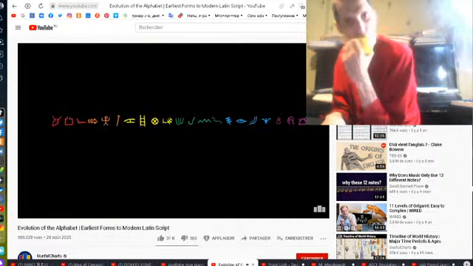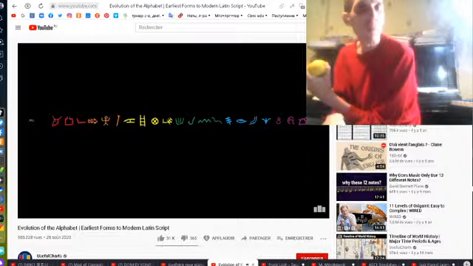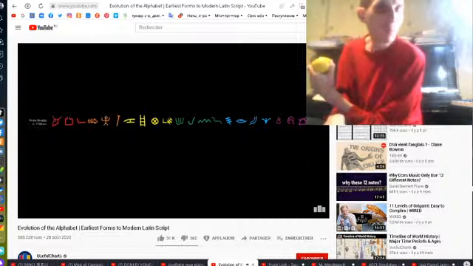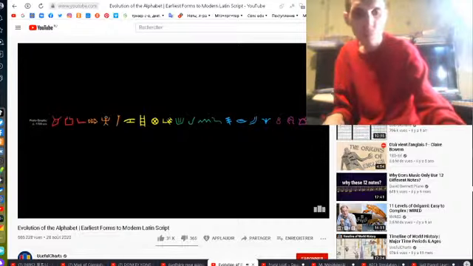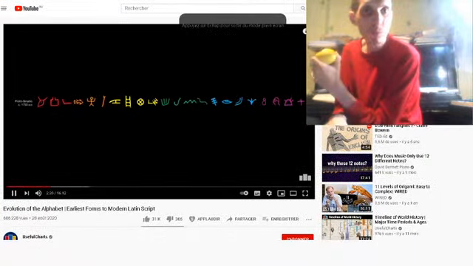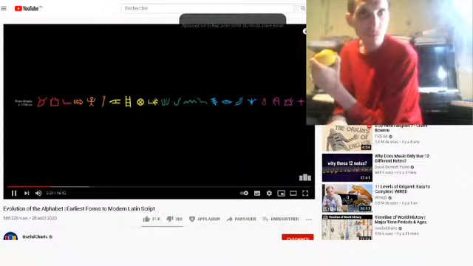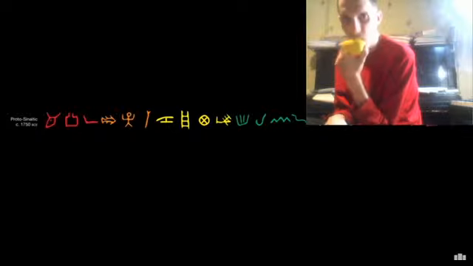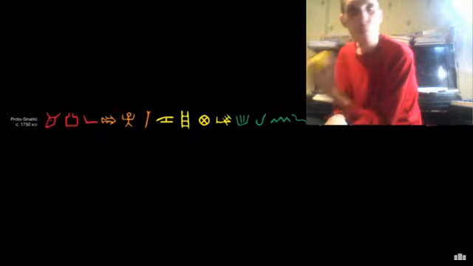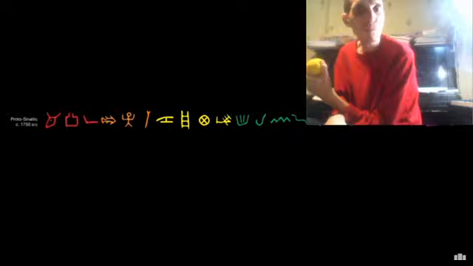The name given to this first version is Proto-Sinaitic. It gets its name from the Sinai Peninsula, which connects Egypt to what was once the land of Canaan. It was here that the first inscriptions made using this script were found, although examples have since been found in both Egypt and the southern Levant as well. Because of this, there's some debate over whether the invention of the alphabet took place in Egypt or Canaan.